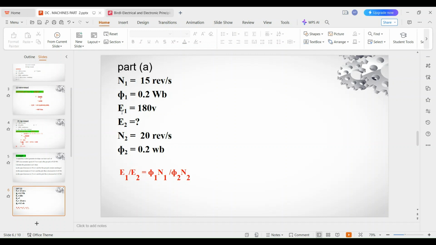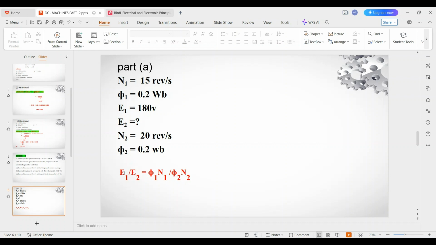So in this case, we are looking for E2. N2 is equal to 20 revolutions per second and flux per pole is 0.2 Weber. So in this case, we shall have our formula as E1 divided by E2 equals flux 1 times N1 divided by flux 2 times N2.